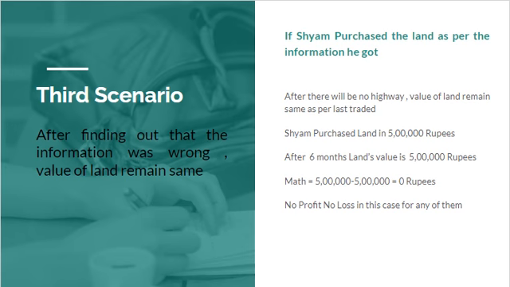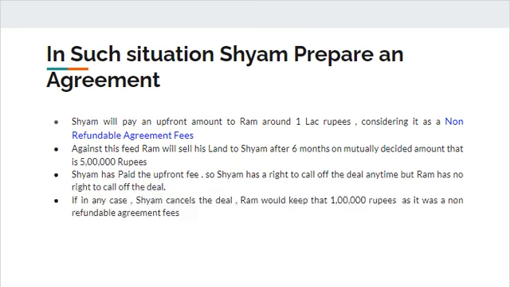You want an arrangement where your risk is optimum or minimized, and your reward is multiple times your risk. That is the risk reward ratio, right? So Shyam has just made a special agreement where Shyam will pay an upfront amount to Ram, around 1 lakh rupees, considering it as a non-refundable agreement fee.